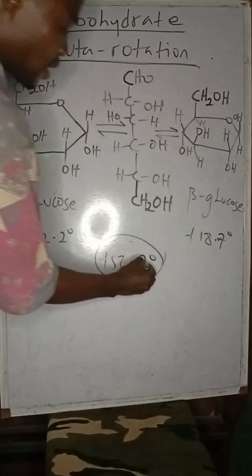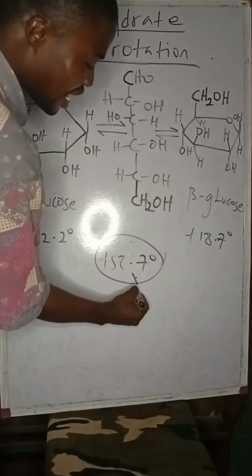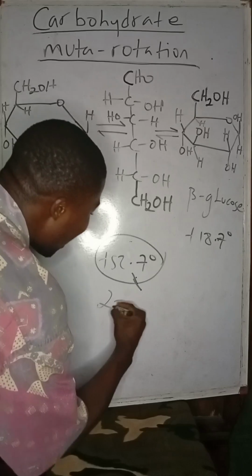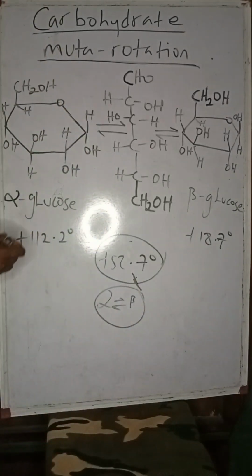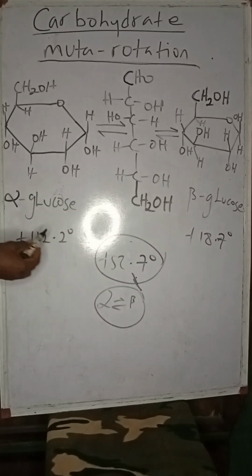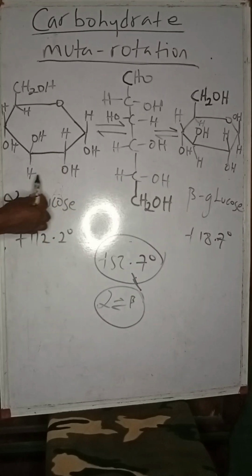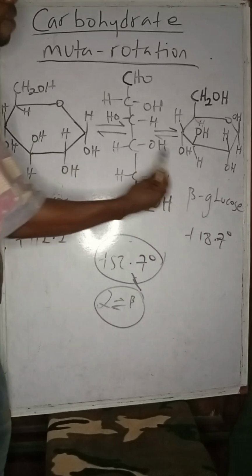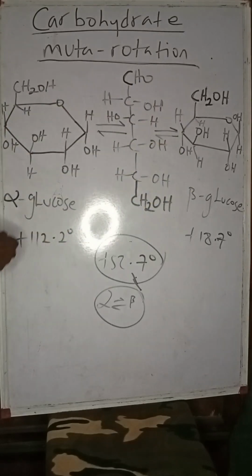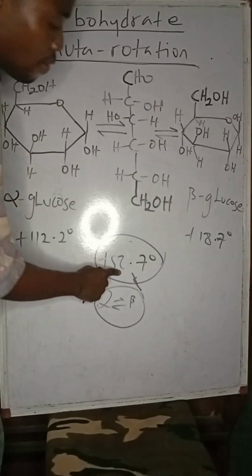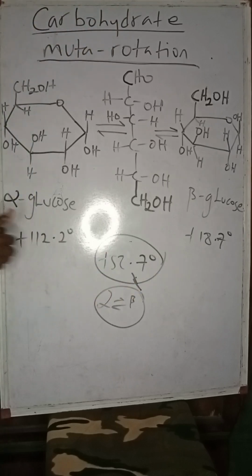This specific rotation in solution is an equilibrium between the alpha and the beta anomer. So it means that when you put glucose in solution, somehow the alpha anomer interconverts to the beta anomer, such that there is an equilibrium. That equilibrium leads to a new rotation, which is around plus 52.7 degrees.